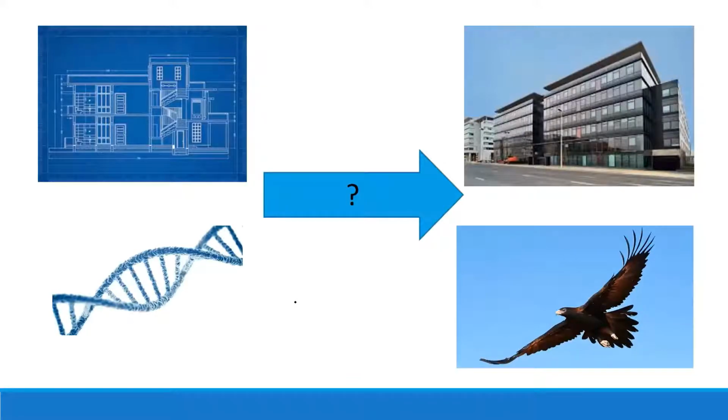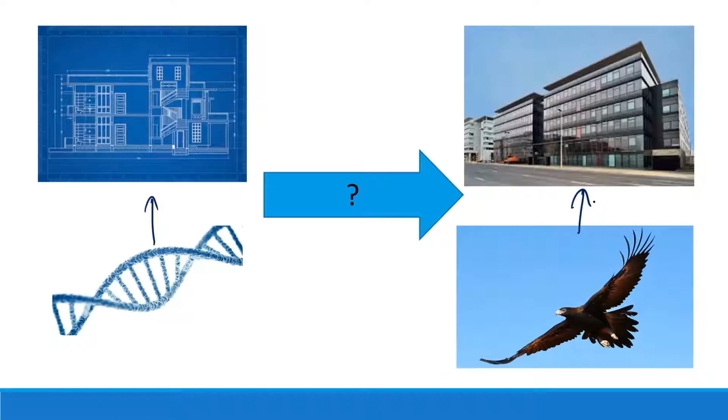I wanted to start with this big question, okay? On the left at the top, I've got a picture of a blueprint for a building. And on the right, I've got a picture of that building. Now, we're happy saying that DNA is like the instructions you need in order to make a building, and an organism, like a bird, is like that building.